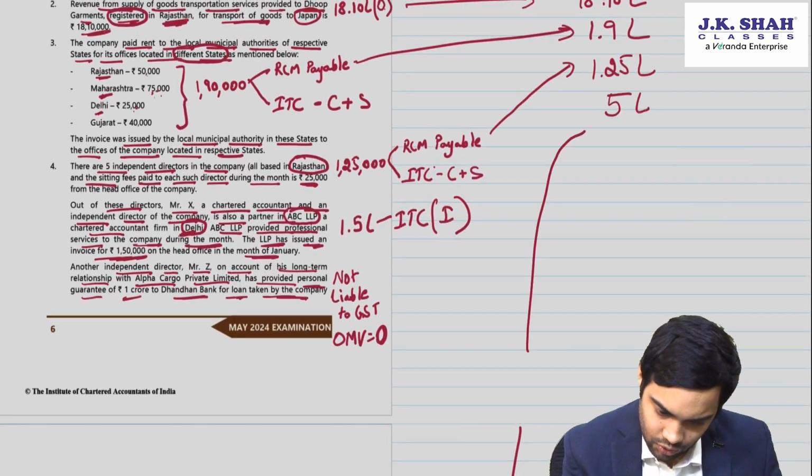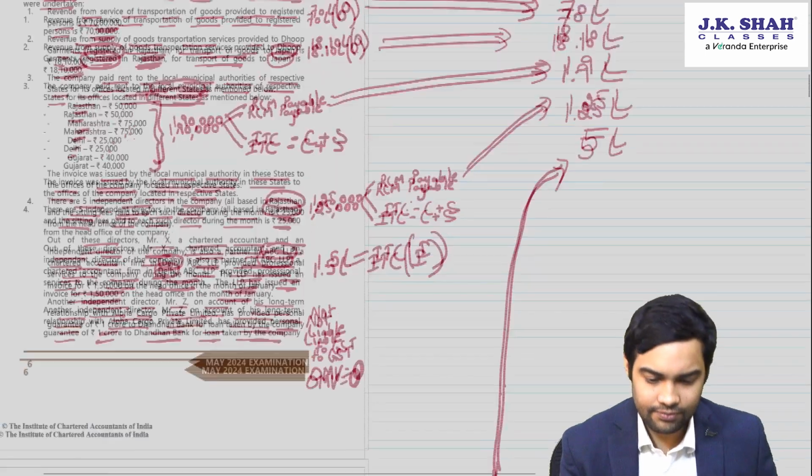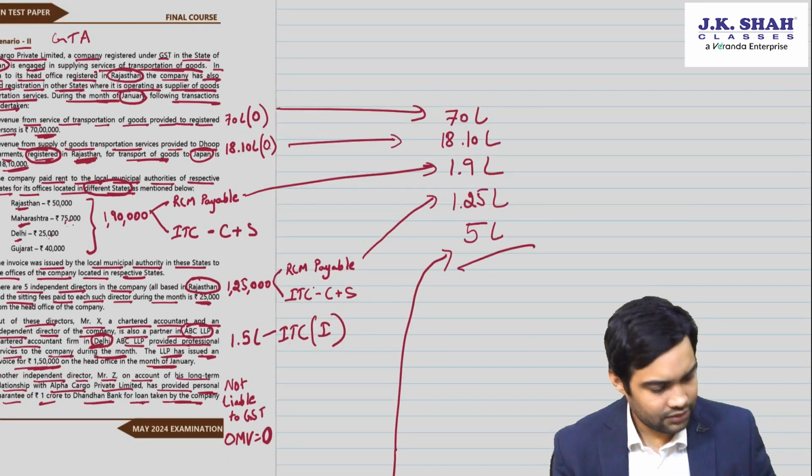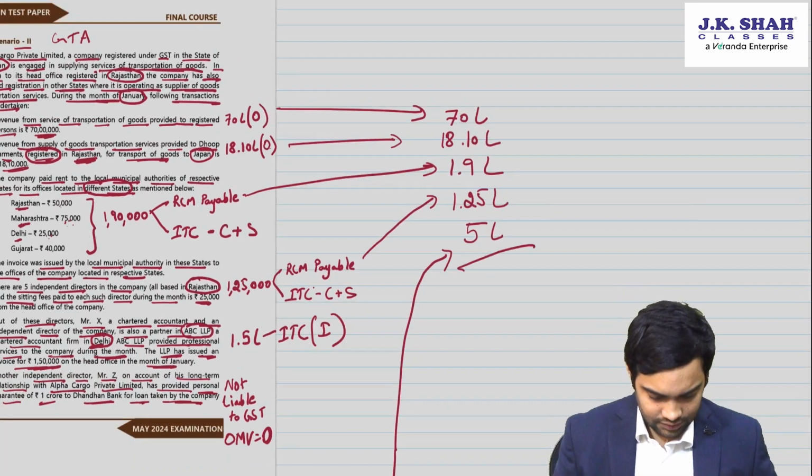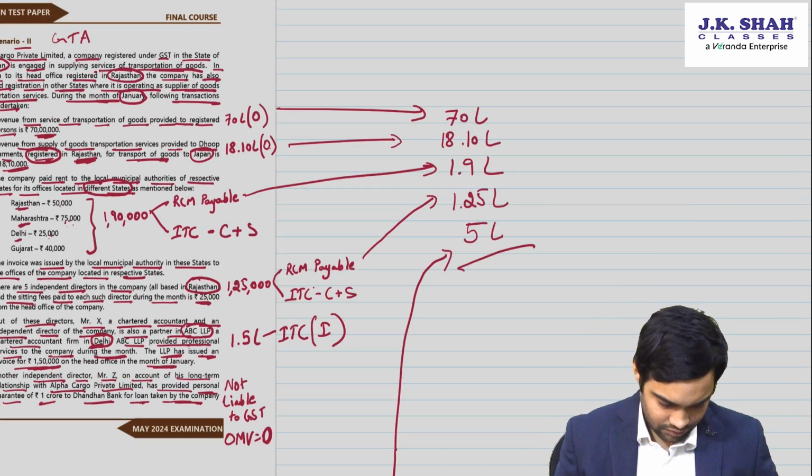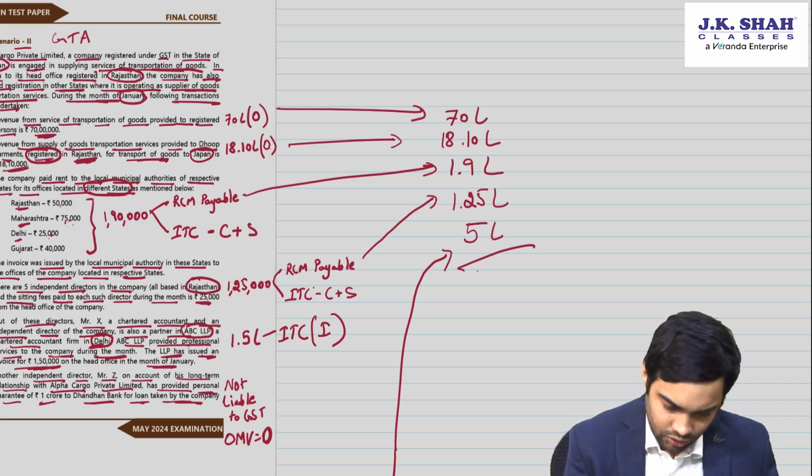So if I total all this, 70 lakh plus 18.1 plus 1.9 plus 1.25 plus 5 lakh comes to 96 lakh 25,000.